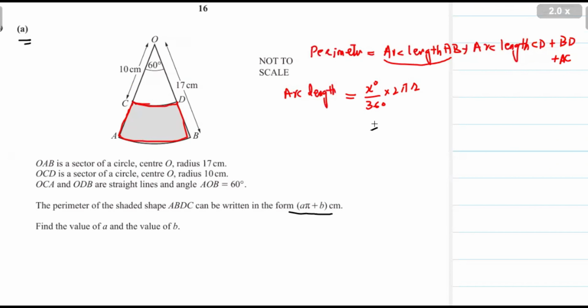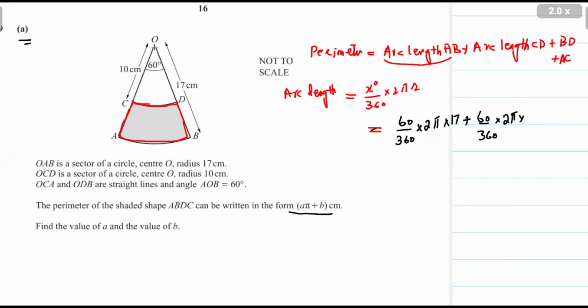And therefore, here x degree is 60 over 360 multiply 2 pi. Our radius here is 17, plus next is the arc length of CD, 60 over 360 into 2 pi.